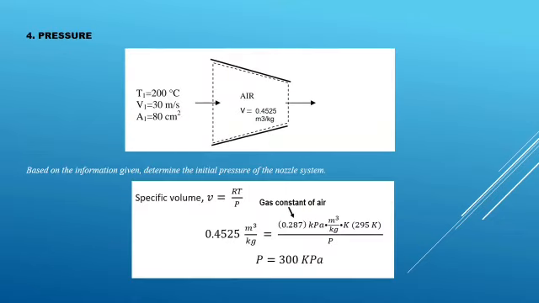And lastly, we will talk about pressure. This is a diagram. We have temperature, we have velocity, and we have area. Based on the information given, determine the initial pressure of a nozzle system.